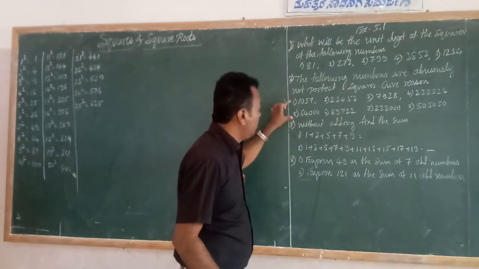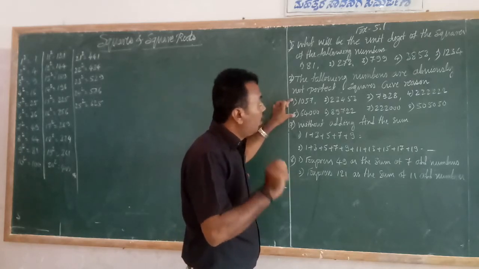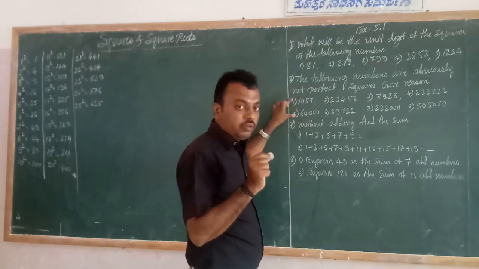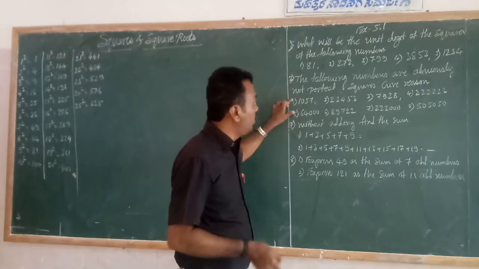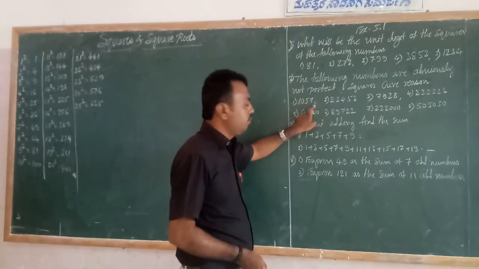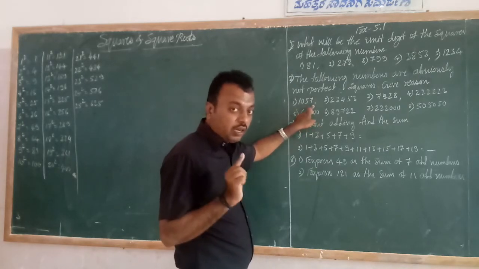So among these numbers, some are not perfect square numbers. We have to give the reasons. What are the perfect square numbers? What are not perfect square numbers? So 1057. Is it a perfect square number or not?